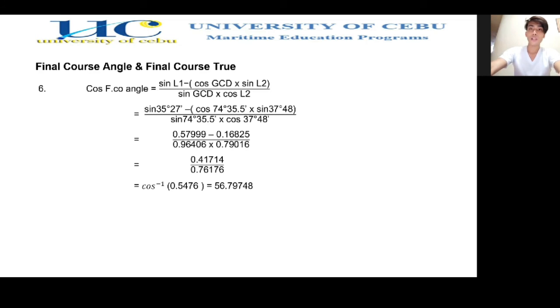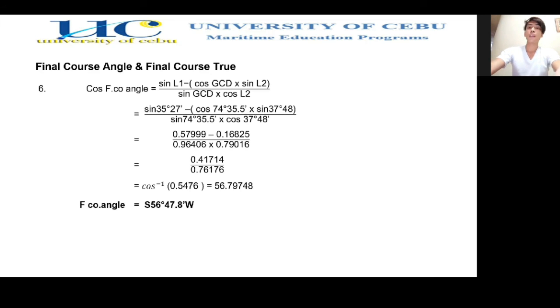At this time, we will get the inverse cosine, cos -1, open parenthesis 0.5476, close parenthesis, and now we get the answer, which is 56.79748.